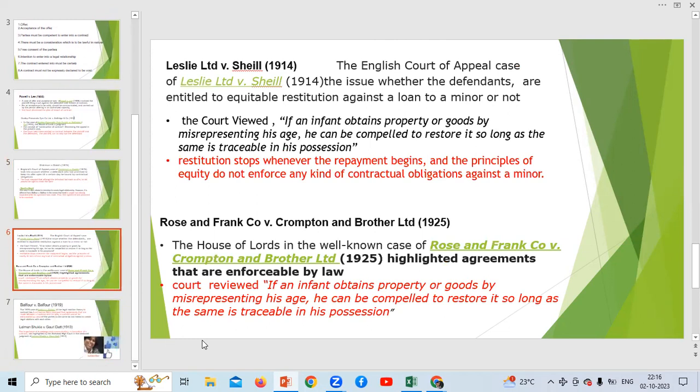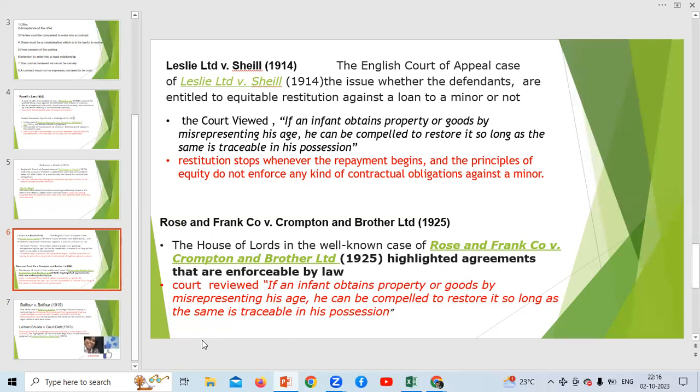Leslie Limited versus Shield. The English case of Leslie Limited versus Shield 1914 ची केस आहे. The issue was whether the defendants are entitled to equitable restitution against a loan to a minor or not. मायनरला दिलेलं लोन आहे त्याच्याबद्दल ही केस होती.